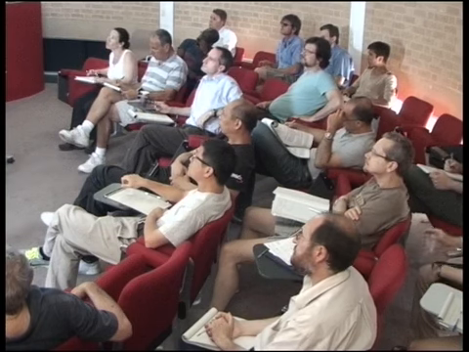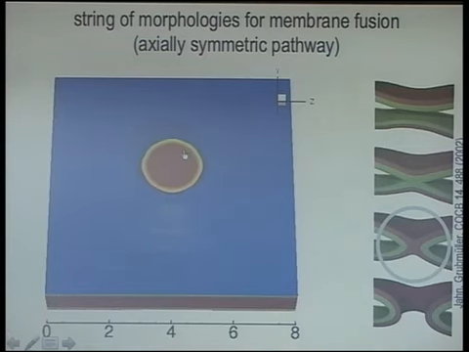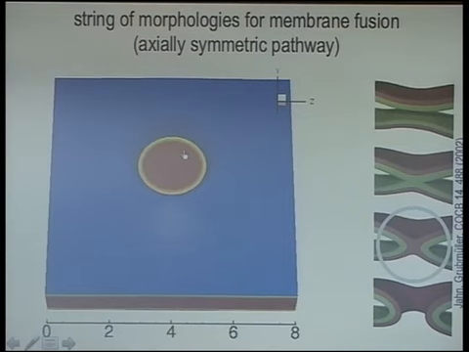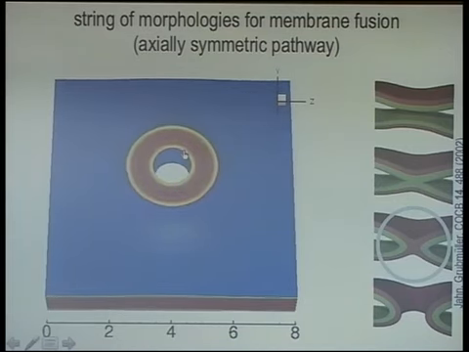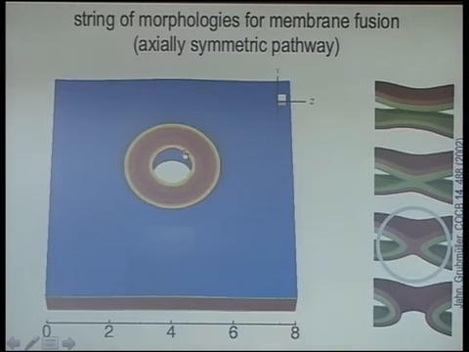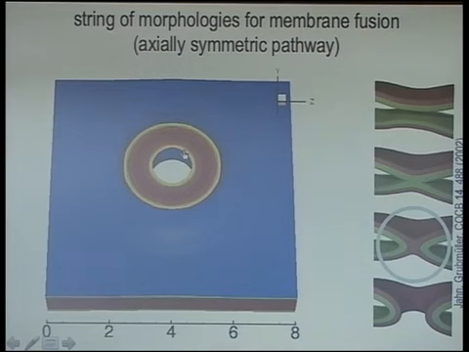Okay. So here you see that the stalk expands. This is one of the fusion pathways, becomes thicker and thicker, and then eventually you nucleate a pore inside, and that finishes fusion. You can look also at this pathway. And here there are alternative possibilities. You need not necessarily have this symmetric pathway, but you can also form a pore close to the stalk.